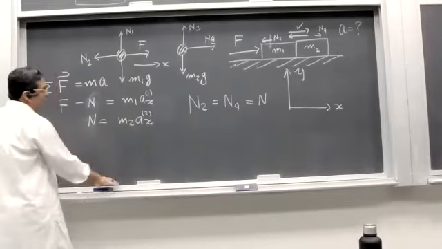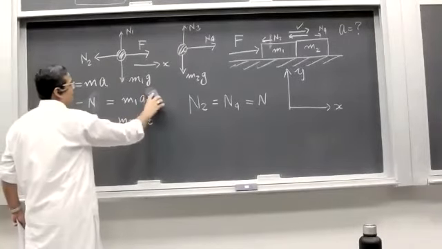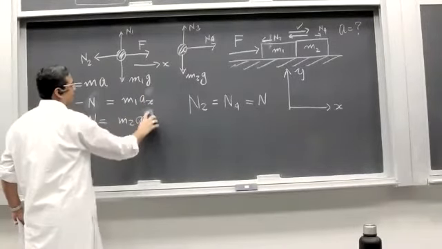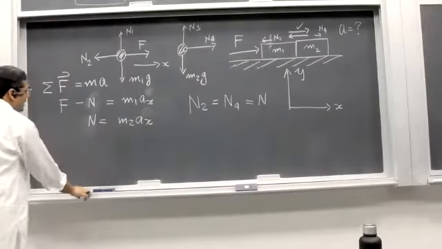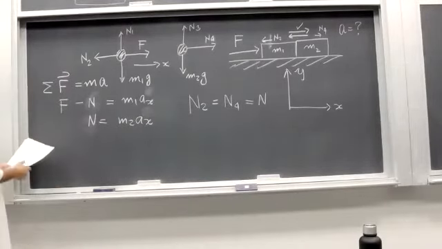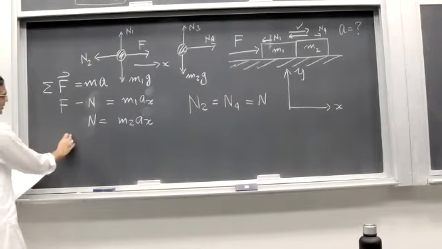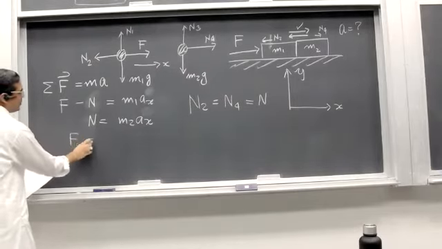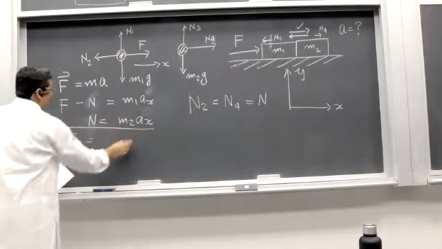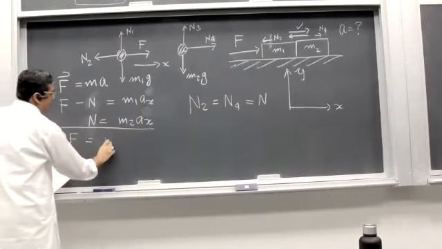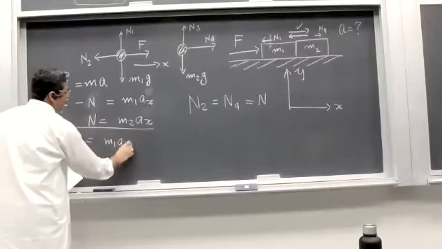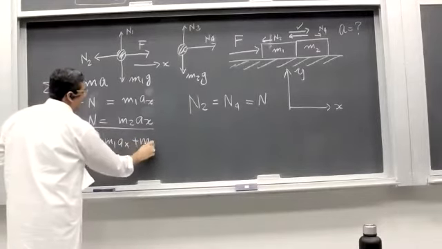That means that they have the same acceleration. After making these two simplifications, you add these equations, and you get F is equal to M1 AX plus M2 AX.